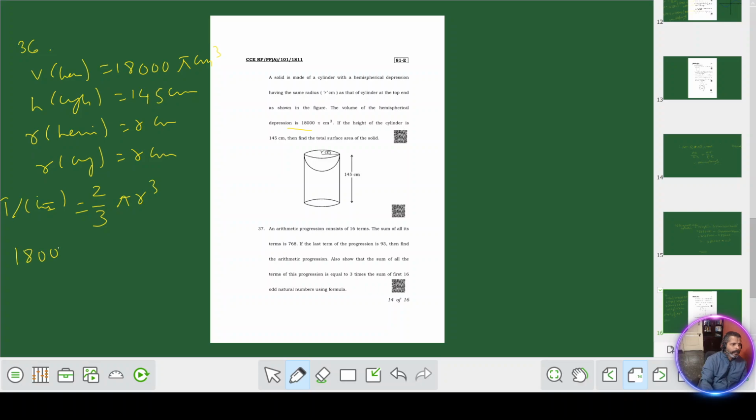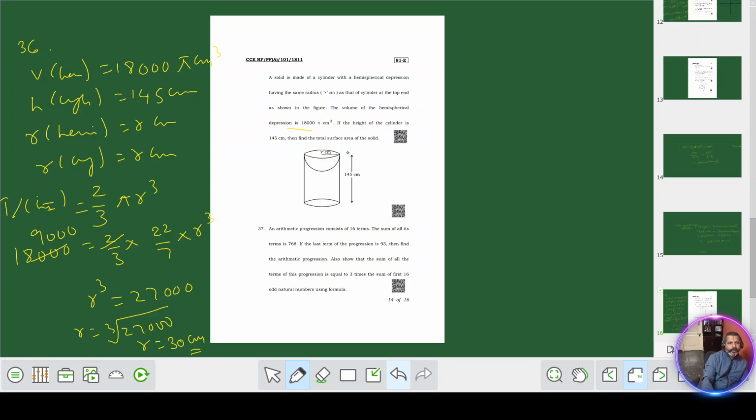Volume is given as 18,000 pi, so 18,000 is equal to 2 by 3 into pi into r cube. On solving, we get r cube is equal to 27,000. Therefore, r is equal to cube root of 27,000, therefore r is equal to 30 centimeters.